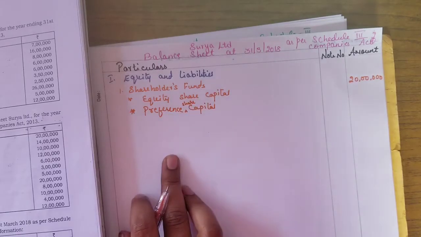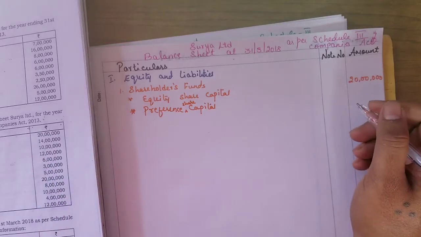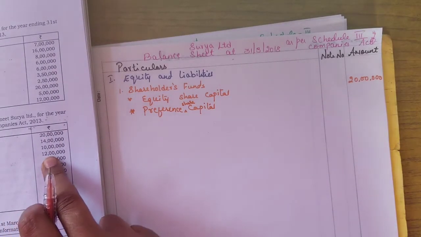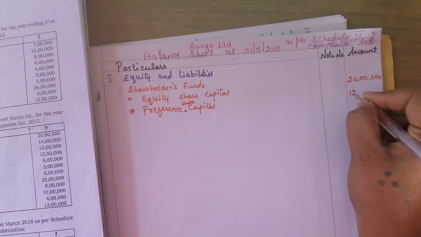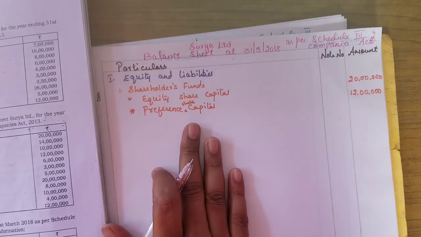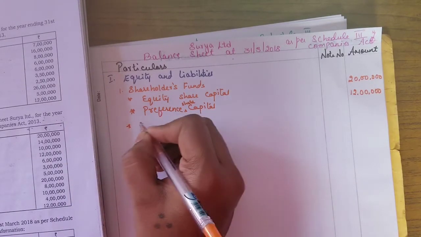Preference share capital amounting rupees 12 lakhs. Is it 12? Yeah, it is 12 lakhs. Okay. Next we have reserves and surplus.